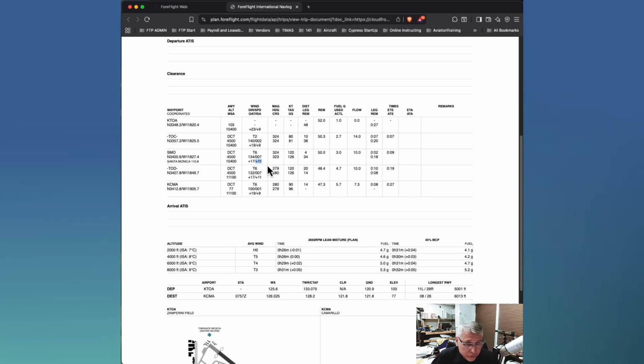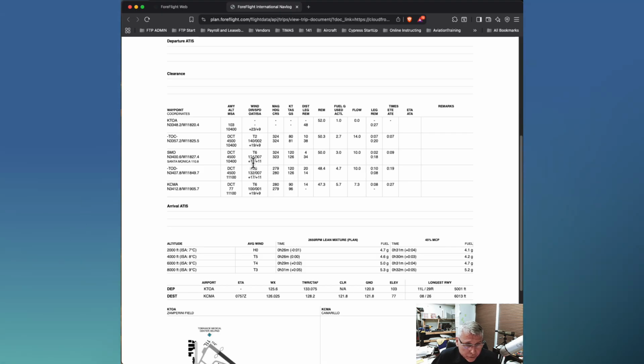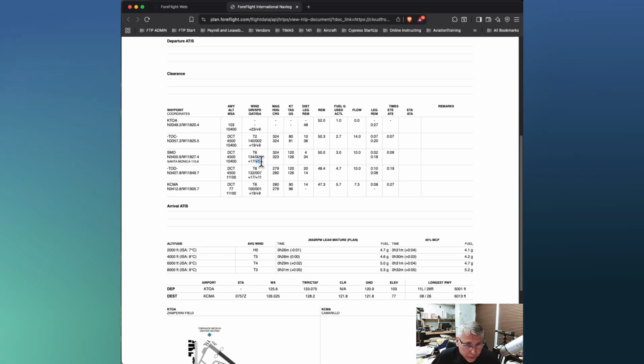So those numbers are important, kind of indirectly. It's important to know what the performance of the airplane is, and that's why they give that to us, particularly when we get into density altitude. All right, so that's our wind column.